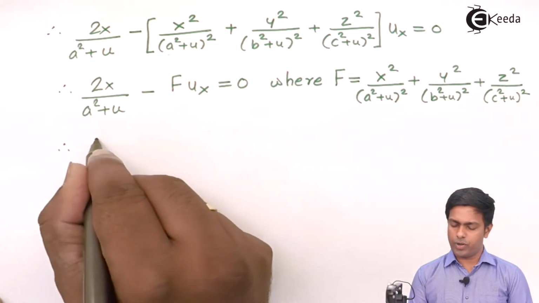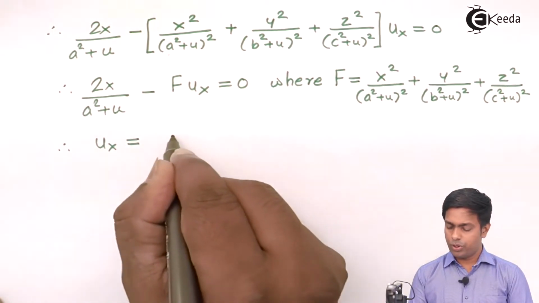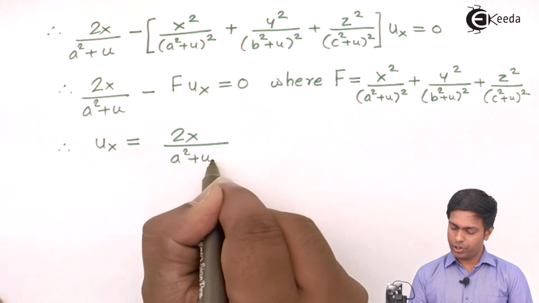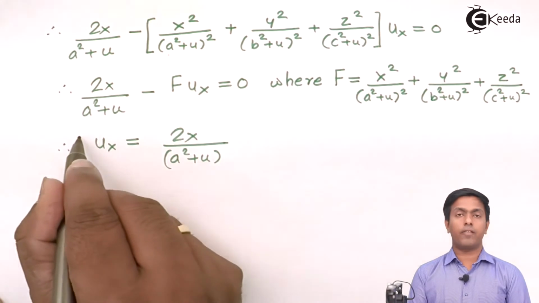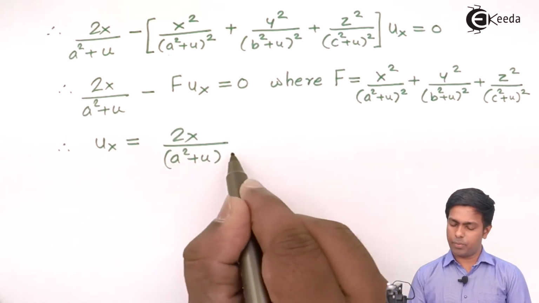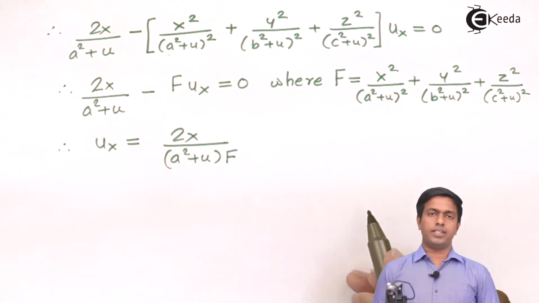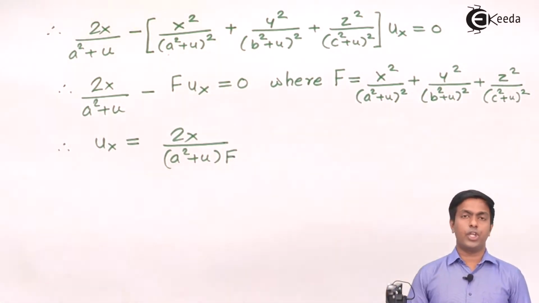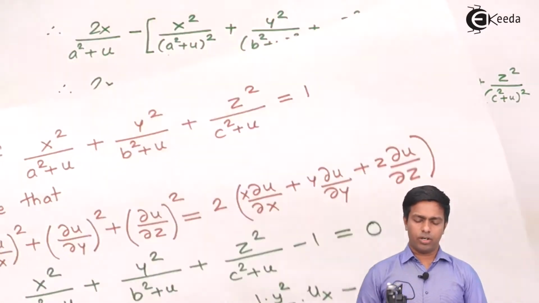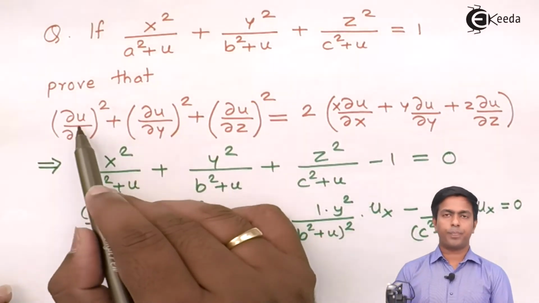So f into ux is equal to 2x upon a square plus u. So guys, here we also have f. Now I'll send that f to the RHS and that will come in the denominator here. So it means here we got the value of ux, and that is nothing but del u by del x.